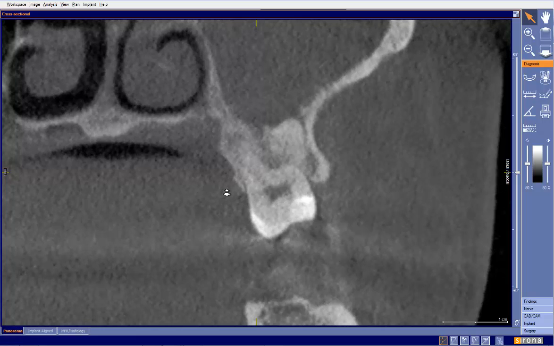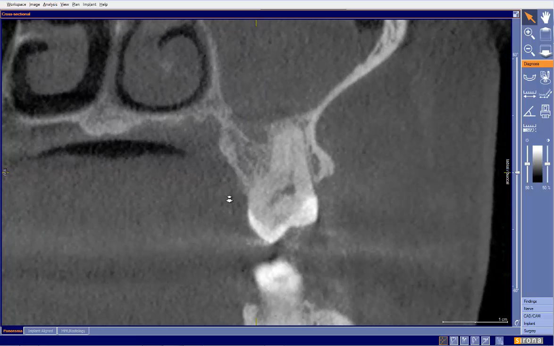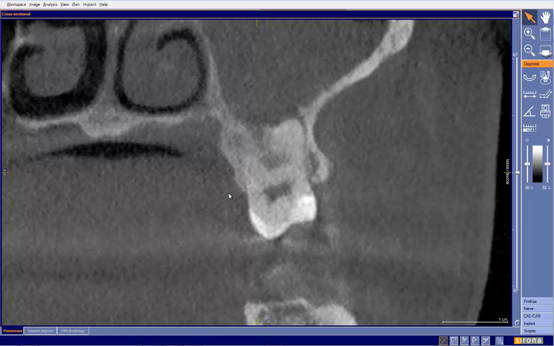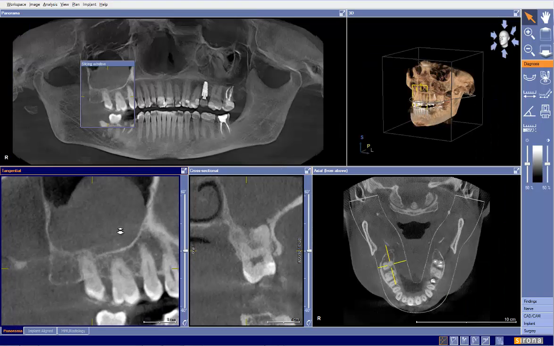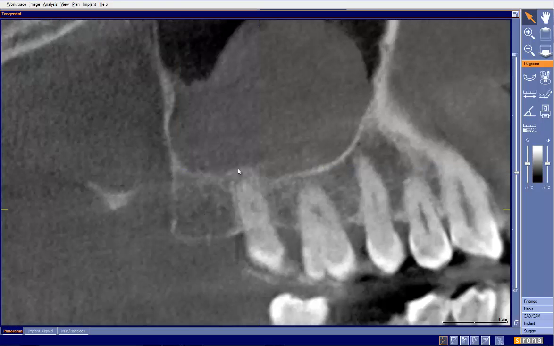And then suddenly our sinus floor is no longer intact right there. Just to show you what I'm talking about, right here, our sinus floor goes missing. This leads me to believe that there is something going on right there that could be causing this issue. Now, this is looking at it from the buccal to the lingual.